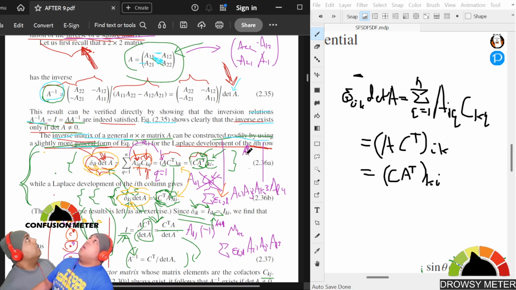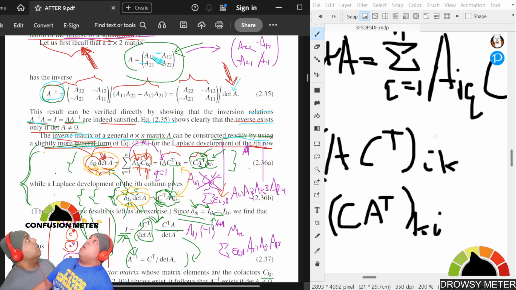The inverse matrix can be constructed by using this, ki equals C A transpose ki, A C transpose.